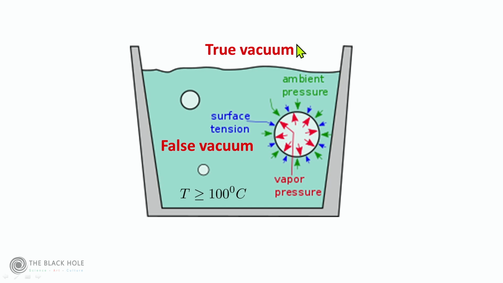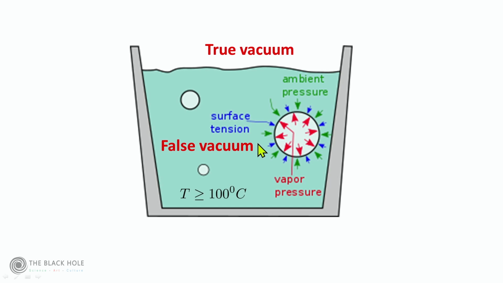But you never see water suddenly burst and all of it convert into steam. What you see instead is the formation of bubbles. So tiny bubbles are formed, bigger bubbles are formed.